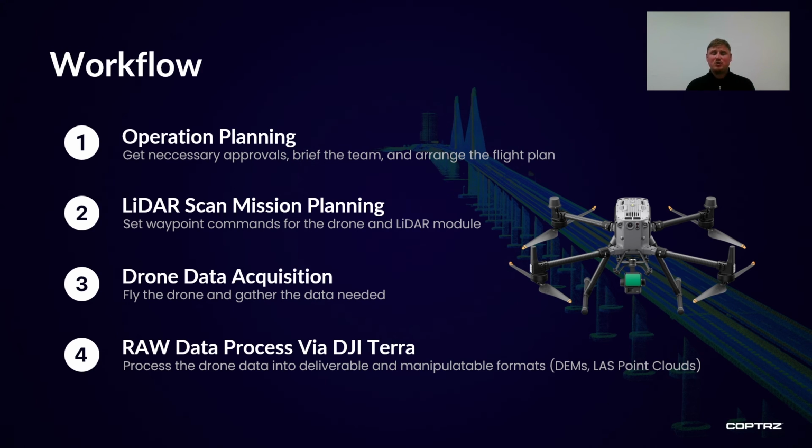Then it comes to the actual LiDAR scan mission. That's done very easily through DJI Pilot 2, and for anybody who's used any DJI platform before, once you're in that DJI ecosystem, it's very, very easy to use. All your settings are in there. A few little plays of the flying height and the speed, and that's all done for you. When planning a particular flight, I like operating the L2 at around 55 meters.